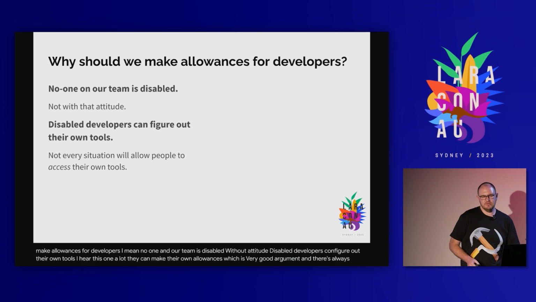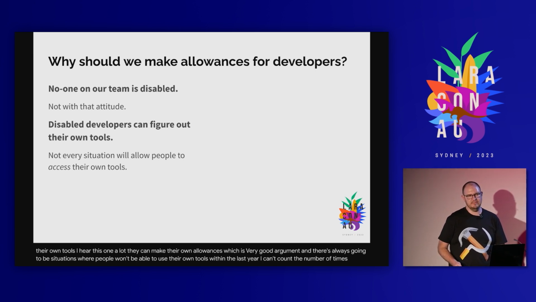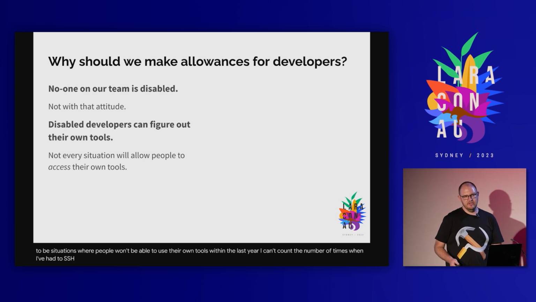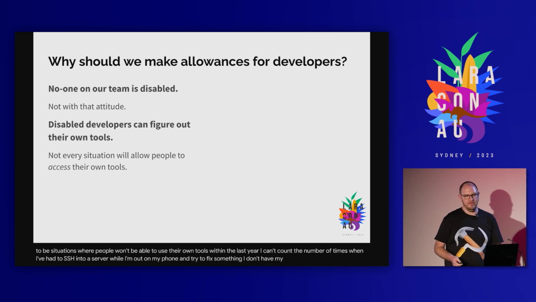And there's always going to be situations where people won't be able to use their own tools. Within the last year, I can't count the number of times when I've had to SSH into a server while I'm out on my phone and try to fix something. I don't have my IDE on my phone.